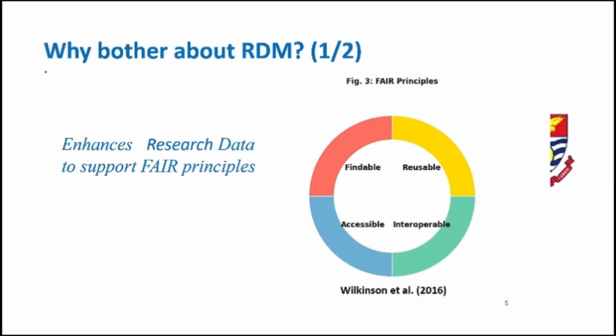On one hand, it improves research data to support the FAIR guiding principles of scientific data management and stewardship. And Figure 3 encapsulates the 4 items under the FAIR principles, making our data findable, accessible, interoperable, and reusable. These will allow researchers to have credit not only for their papers or publications, but also for the underpinning data.